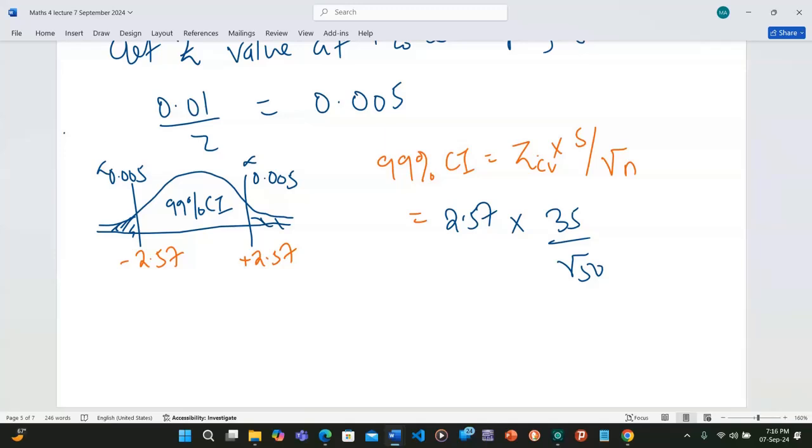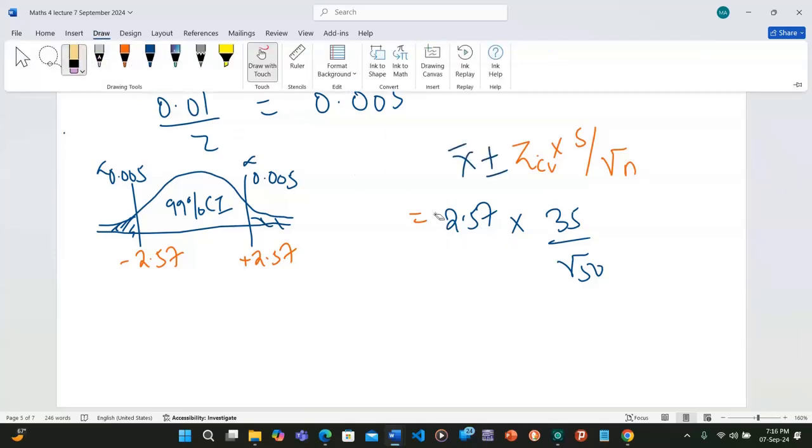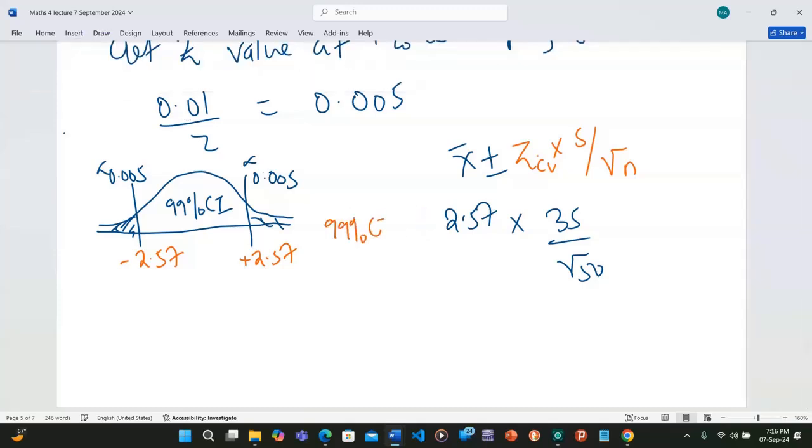But remember, we are supposed to add the sample mean plus or minus. So the 99% confidence interval will equal 756 plus or minus 2.57 multiplied by 35 divided by the square root of 50.